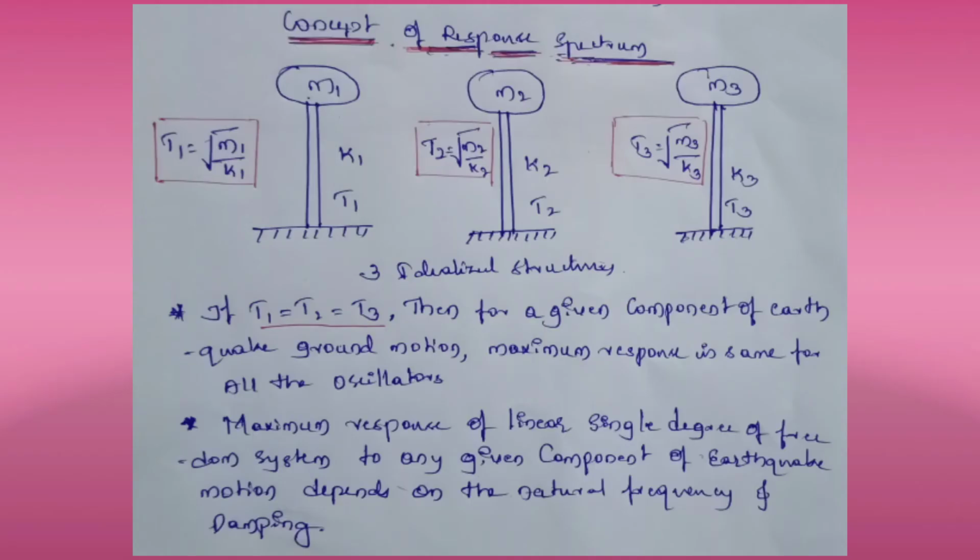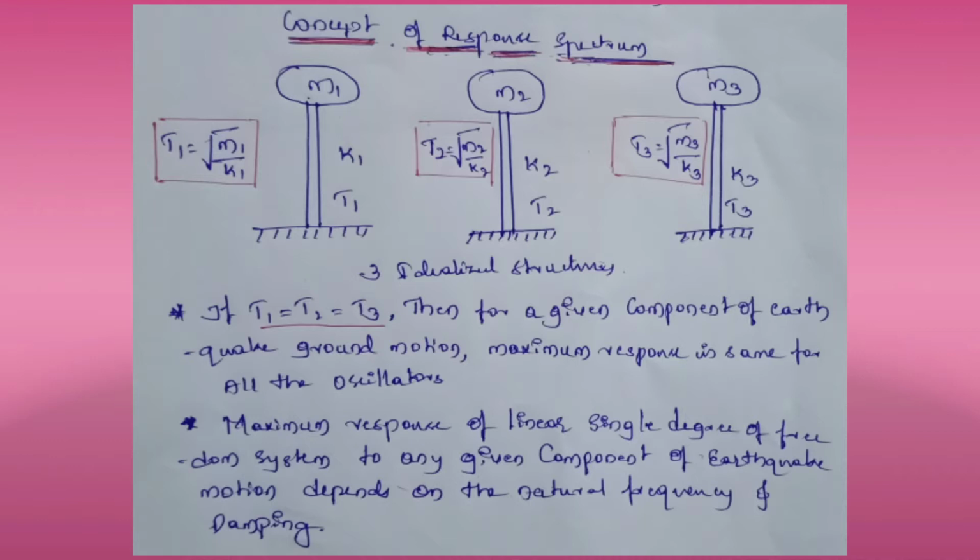I'll take some picture. You can see it here. This is the concept of response spectrum. Here I have considered three idealized structures for your understanding. This is the first one, second one and the third one.